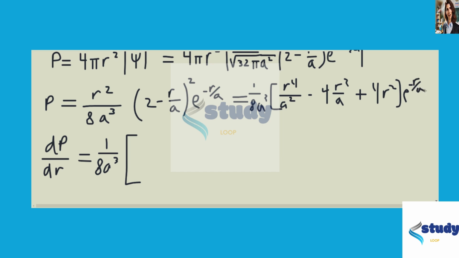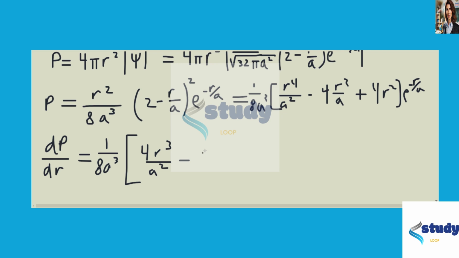Now it'll be a little easier to take the derivative with respect to r. The first term is r to the 4th over a squared, so this becomes 4 r to the third over a squared, minus 4 r to the third over a.